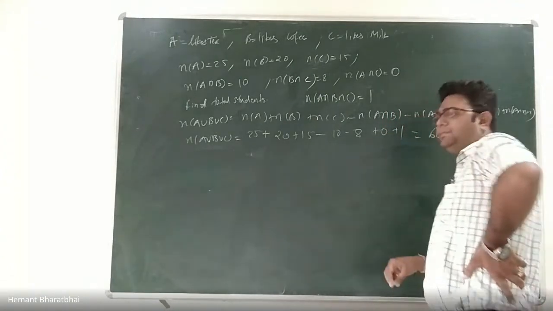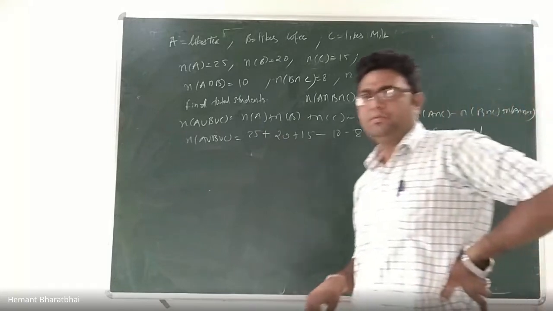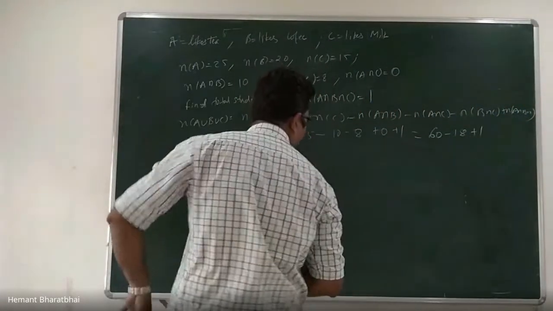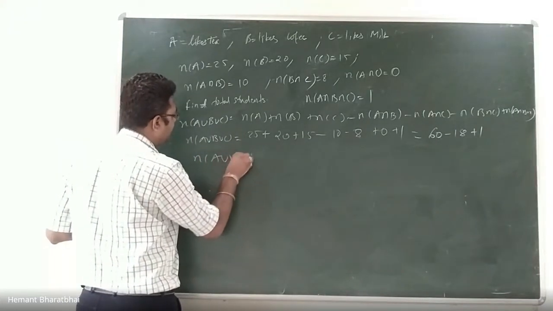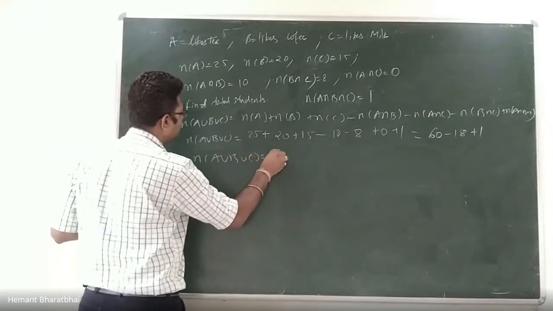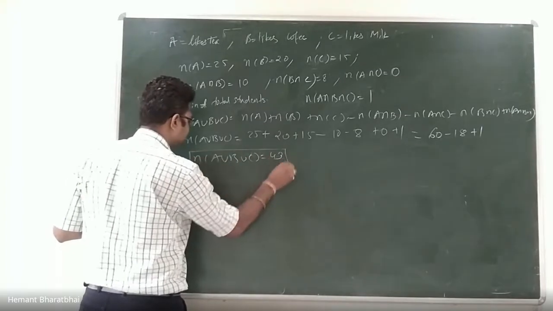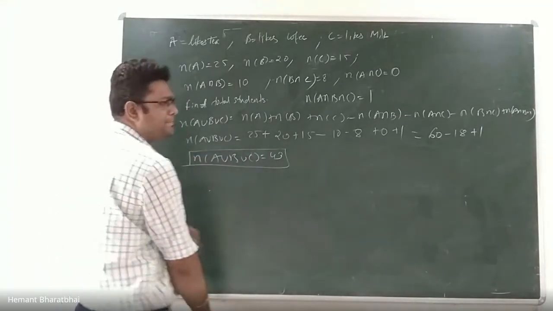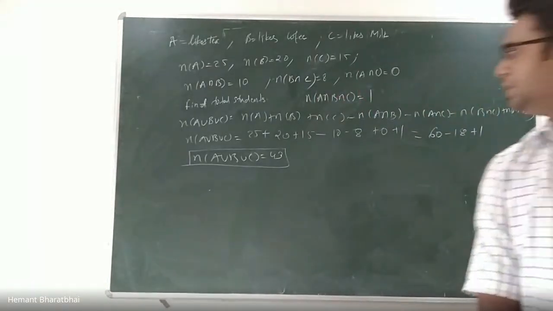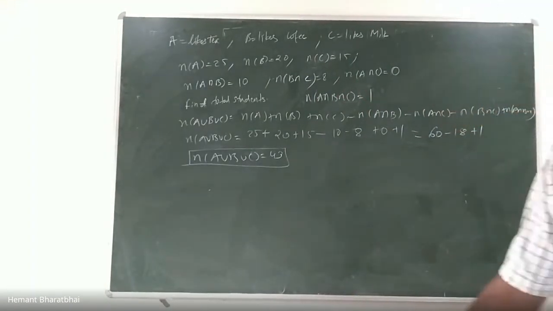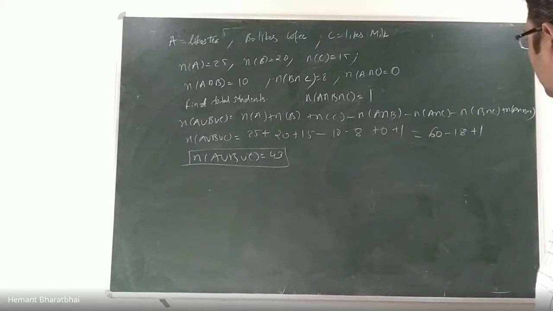So 60 minus 18 will be how much? 42. 42 plus 1, so that will be 43. So n of A union B union C is 43. So the total number of students in the hostel is 43.